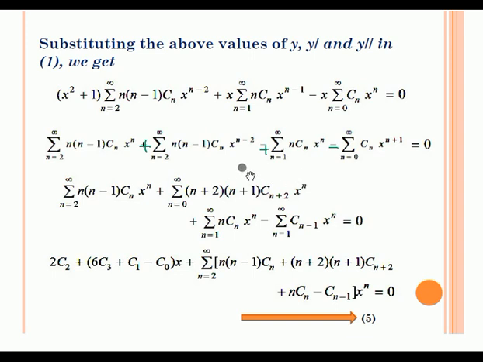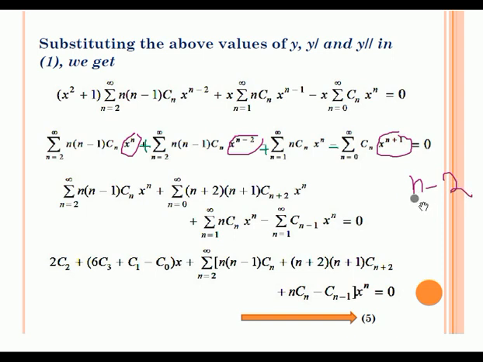And one more important thing, you concentrate on these coefficients also. What is the coefficient of x power n here? Then what is the coefficient here? X power n minus 2 will be here. Then what is the coefficient? X power n plus 1. I need all the coefficients to be uniform. Make everything uniform. Let us take every coefficient as x power n. So this one is already x power n, no problem. I want to make x power n minus 2 as n. So that means in place of n, you put n plus 2. So that means it is n minus 2 here. Then what I am doing?